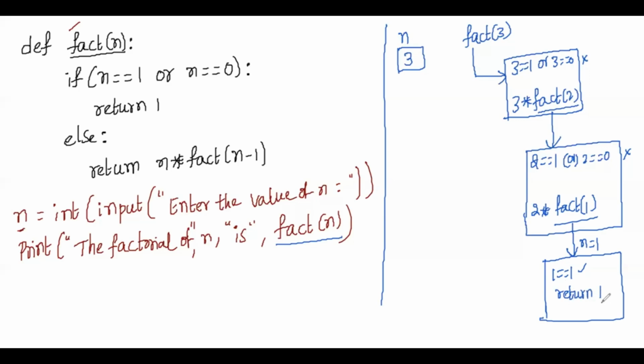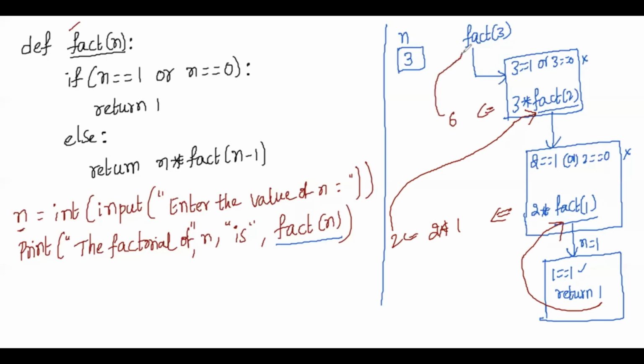So once the value of 1 is returned back to the calling function, this function call will also be returning 2 into fact of 1. Current fact of 1 is 1. So 2 into 1 is computed as 2. Now this value of 2 is returned back to the calling function. And you can see 3 into 2, value is 6. So 6 will be returned back to the calling function, and fact of 3 value is 6.